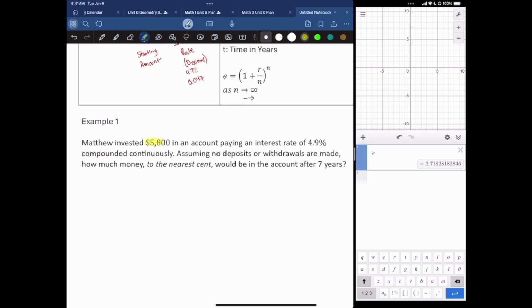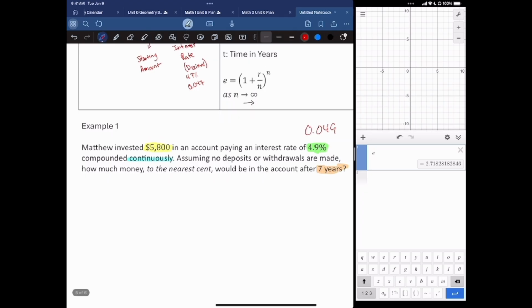Our initial investment is $5,800. We're making 4.9%, but we're not going to write 4.9, we're going to write 0.049. We're compounding continuously, which is another key piece of information. And then we want to go for 7 years.